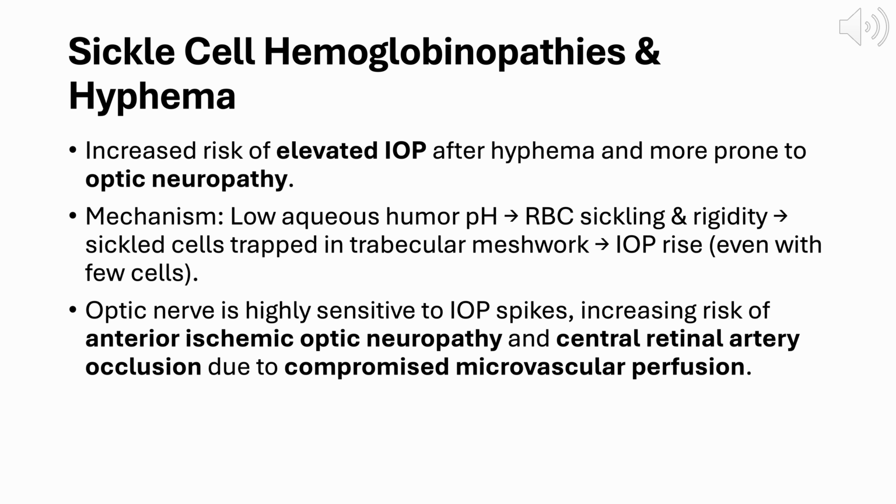The optic nerve in sickle cell disease is particularly sensitive to these IOP spikes, which can increase the risk of anterior ischemic optic neuropathy and central retinal artery occlusion. This is due to compromised microvascular perfusion, meaning even modest IOP elevations can have devastating effects.